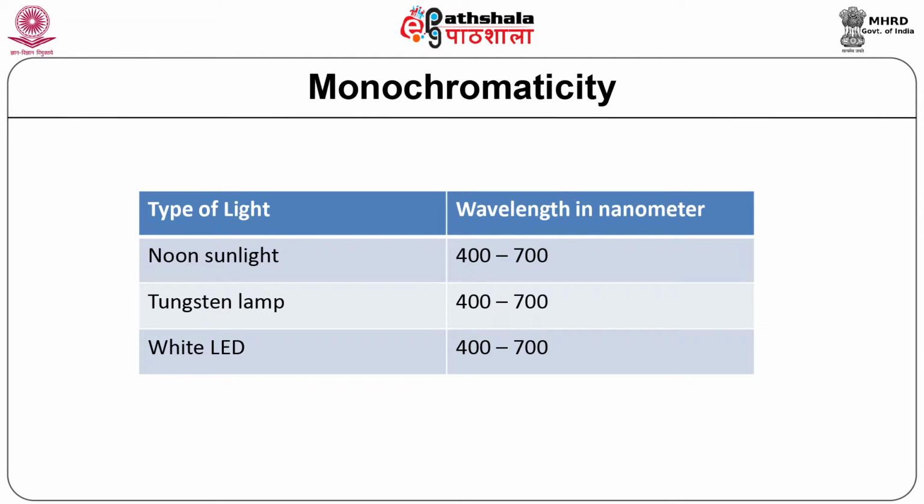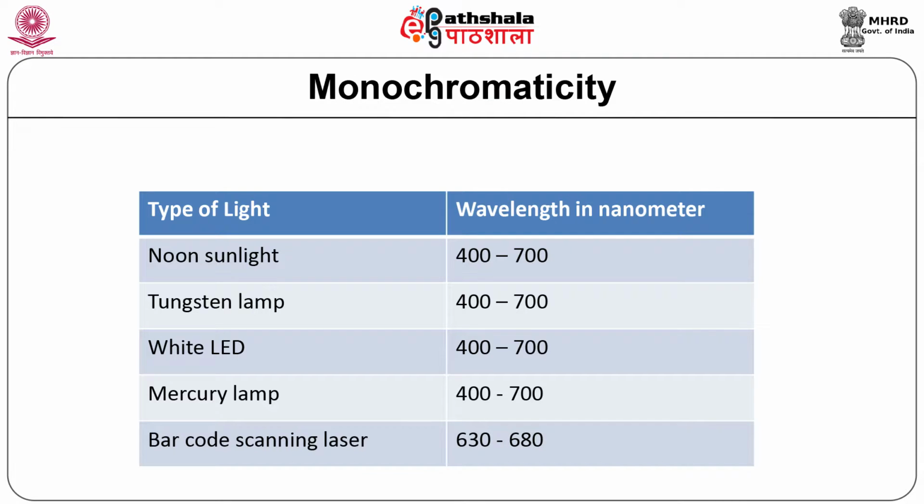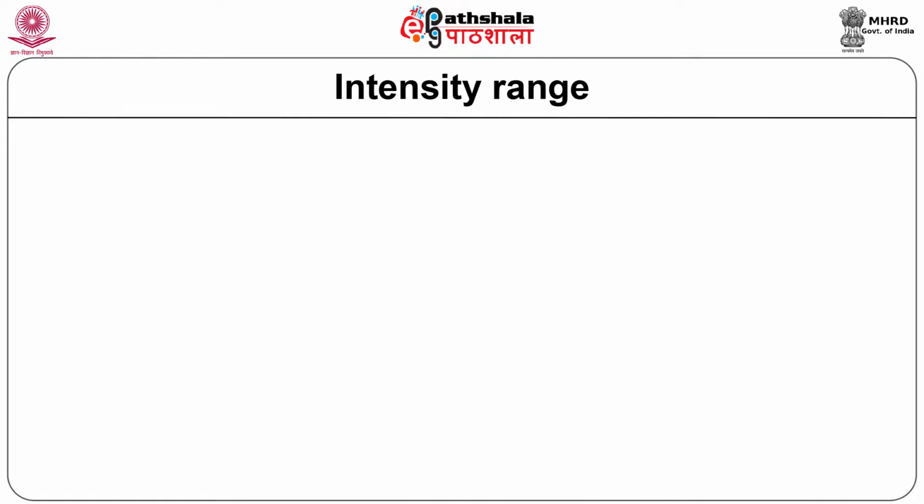White LED has the same range, and the mercury lamp also emits the same range. For a barcode scanning laser, you can see that delta lambda is very small, that is 630 to 680 nanometers. Let us see the range of available powers of lasers along with the applications in which these types of lasers are used.